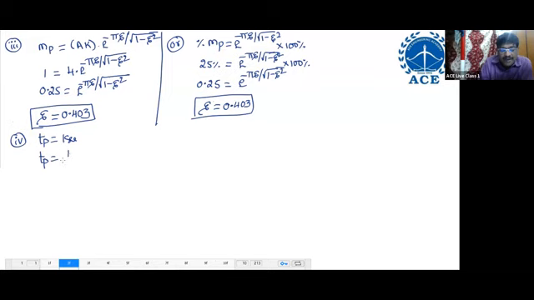Tp equals pi by omega d. Tp given 1 equals pi by omega d. So omega d is pi, which means 3.14 radians per second.